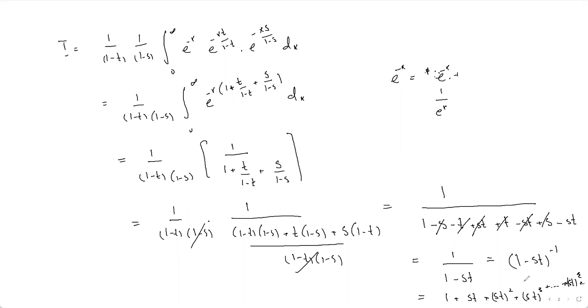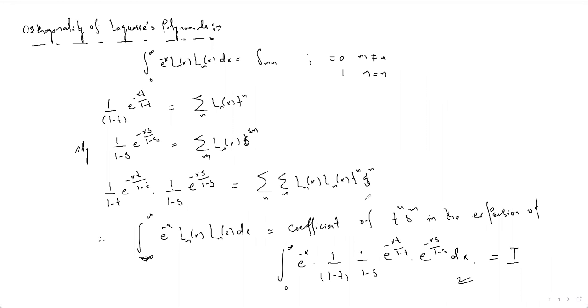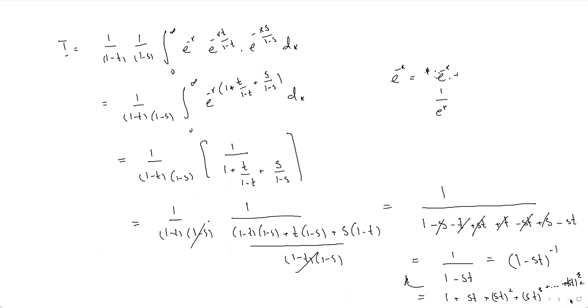Okay, now this m and n can take different values. So you will see from this here, as I said, that this is the coefficient of this very integral. This is actually the coefficient of t raised to power m in the expansion of this. So I have found out the expansion like this.